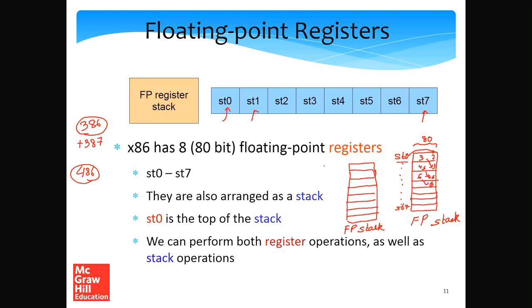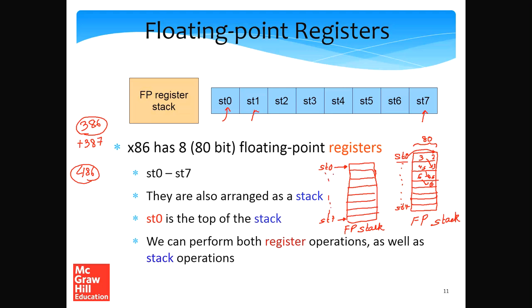So what ST0 basically means is that it's a register and its value is whatever is at the top of the floating point stack. Similarly, ST7 can also be treated as a register and its value is the last element in the floating point stack. So if I push or pop the stack, then the elements move, so the value of these registers will also change.